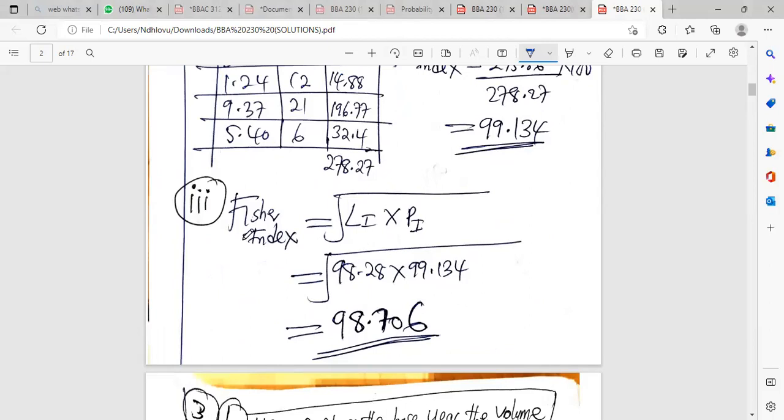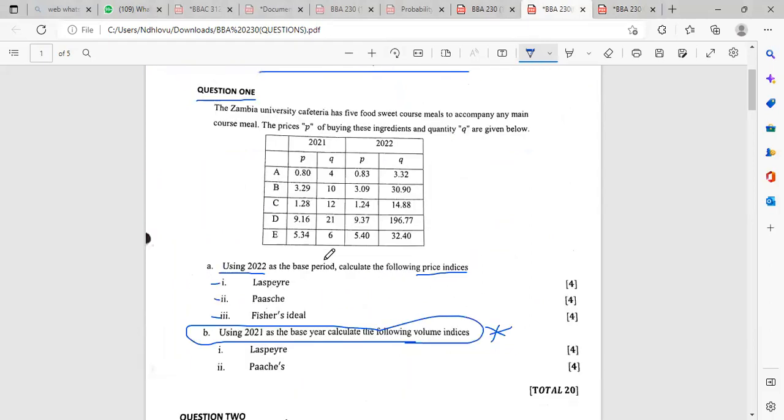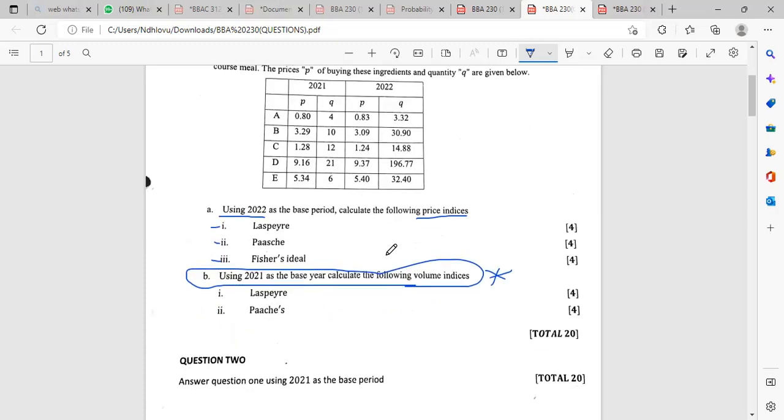The Fisher index, the last one on this one, is just the square root of the partial index and the last Spies index. So the square root of those are the ones that give us the values for the Fisher index.